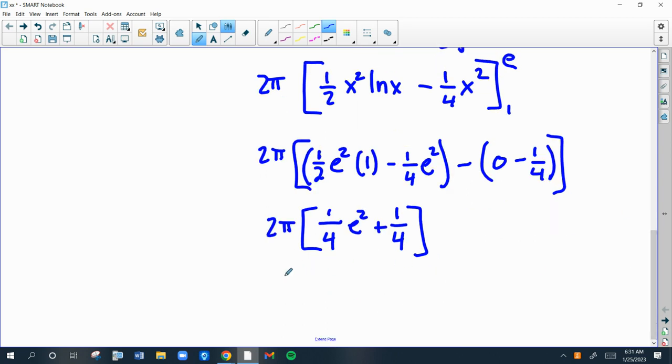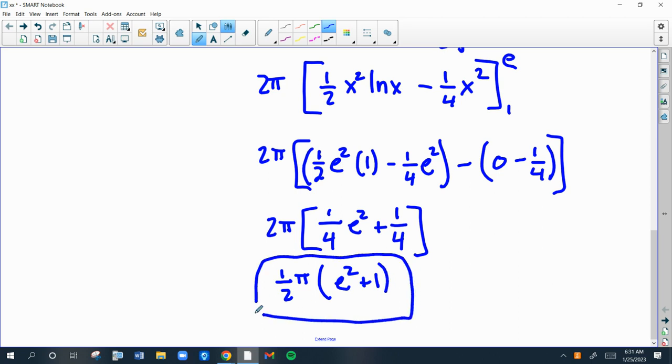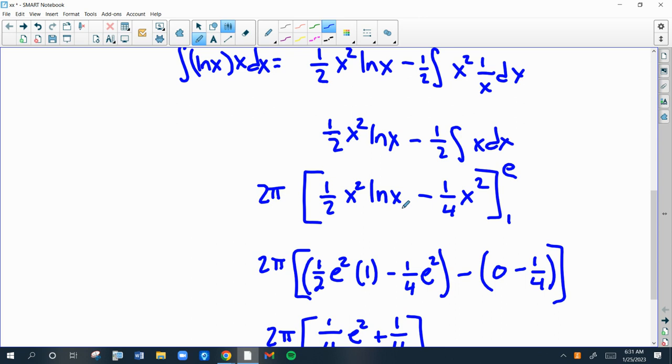If you factor out 1/4, you get 2/4, or 1/2 pi, and then you're just left with e squared plus 1. So that is the exact volume of that region. That was using the shell method. It wasn't too bad, I don't think.